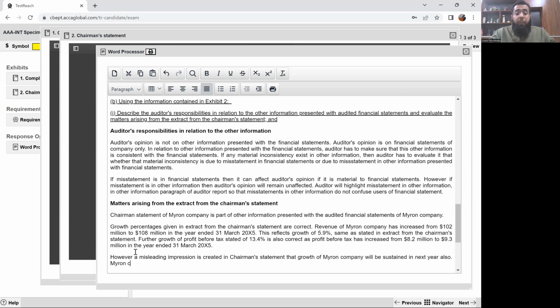Myron company's growth was majorly contributed by growth in the scientific publishing division, which they are selling next year. So it is creating a misleading impact.